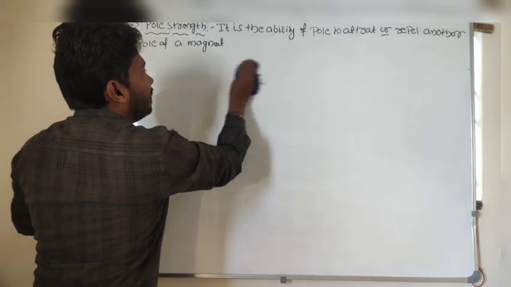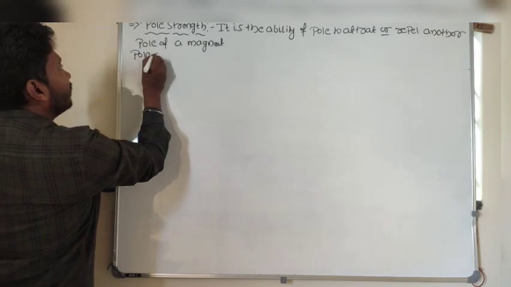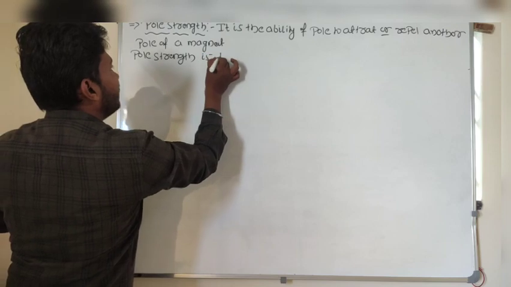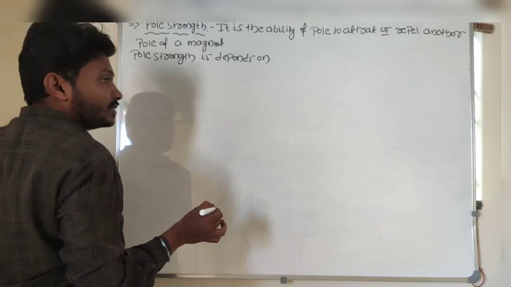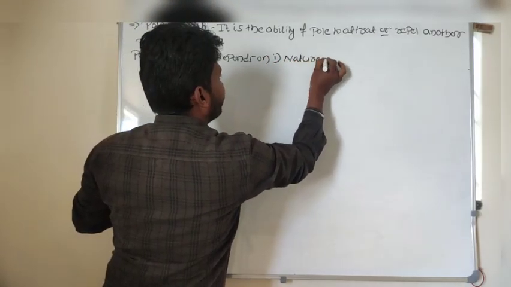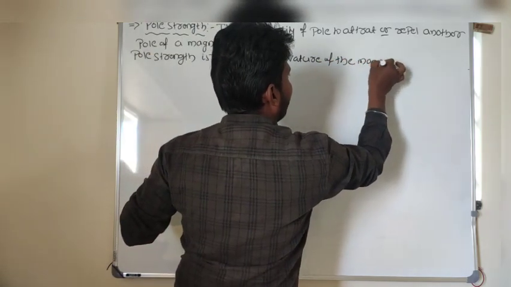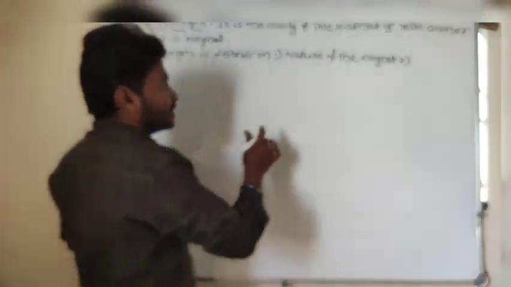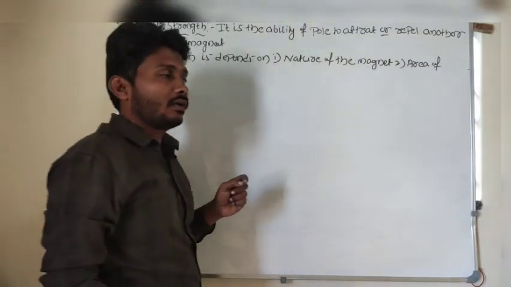Pole strength depends on the nature of the magnet, and second, it depends on the area of cross section.